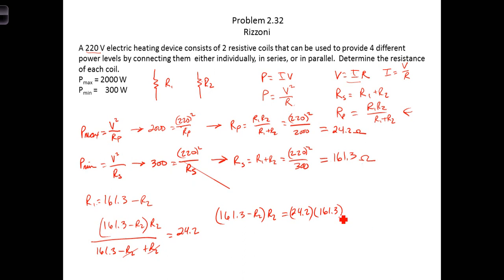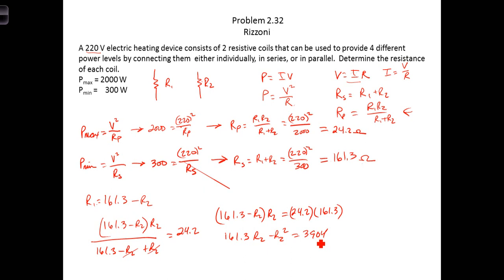Distributing that and cleaning this up a little bit gives us 161.3 R2 minus R2 squared is equal to approximately 3904, dropping the decimal places.